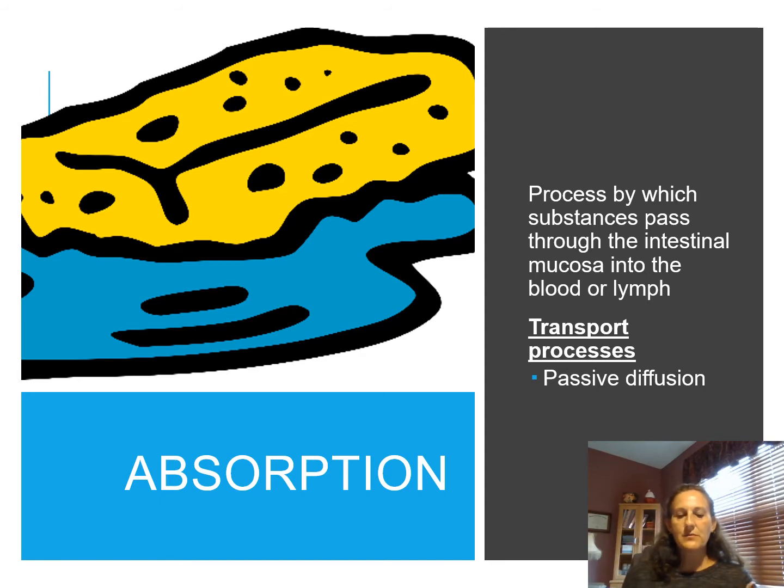So the different transport processes are a means by which nutrients pass through the walls of the small intestine. Passive, as the name implies, is a movement of substance from a region of high concentration to a region of low concentration. Okay, it doesn't require energy. That's why it's called passive.